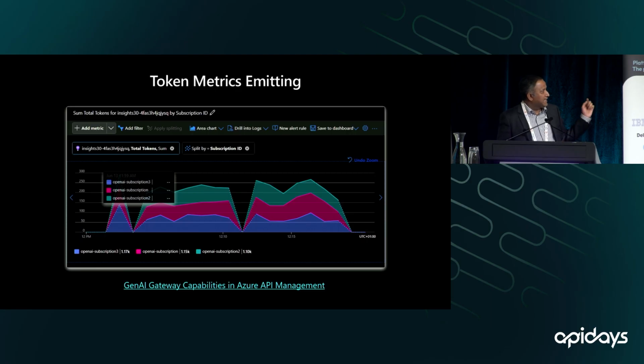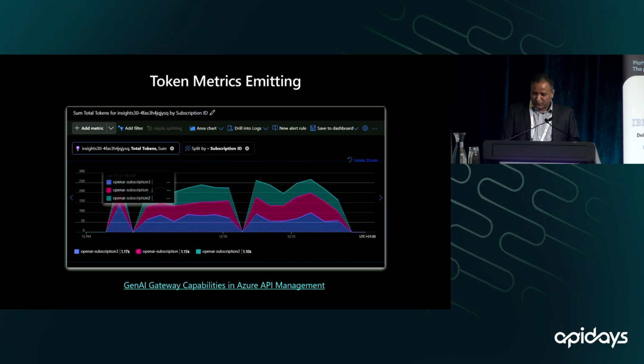In this case, I've got 3 different subscribers subscribing to the same large language model. And we can see, for subscription 3, within this time frame that I'm visualizing, there are like 1.17 thousand tokens consumed, 1.15 for subscription 1, and similarly 1.1 for subscription 2. So this gives us a view of which consumer is using how many tokens.